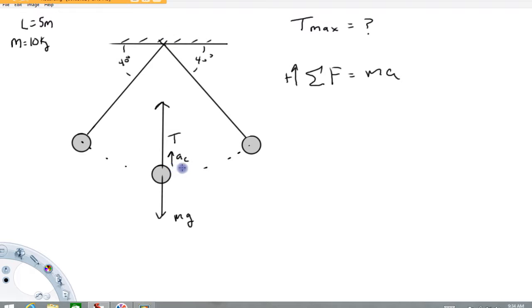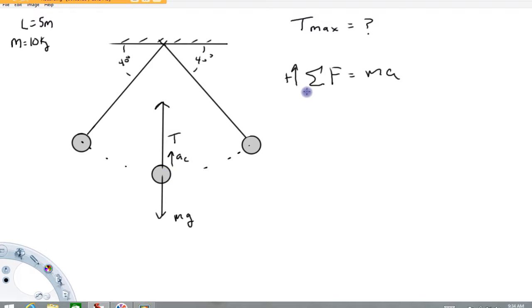Another thing to consider in this picture: this vector that I just drew is an acceleration vector. It's not really part of the free body. It's not a force. The only forces acting on this mass are its weight, which I've put in here, and this tension.